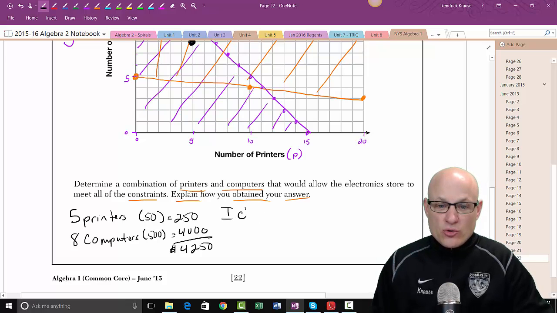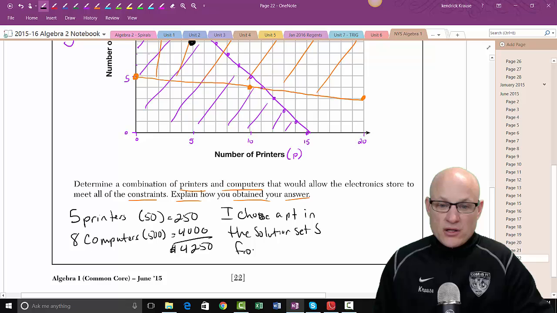I chose a point in the solution set S from above and checked to see that it worked.